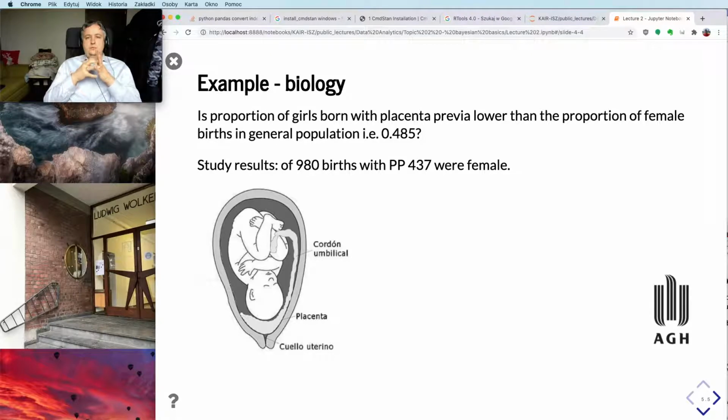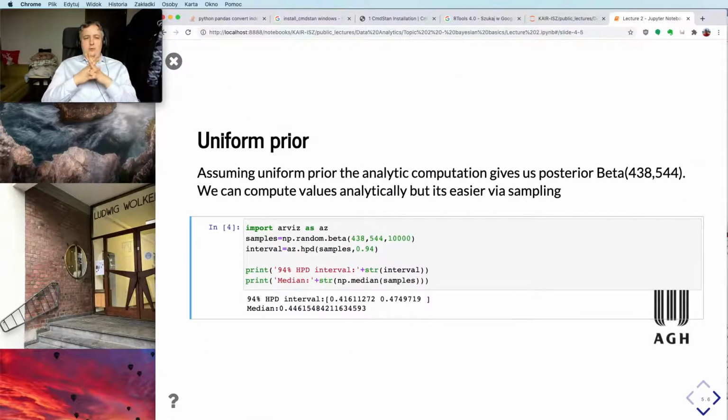So the question was, is the proportion of girls born with placenta previa lower than the proportion of girls born generally? So they made a trial with 980 births of placenta previa, 437 of which were female. We'll do some computation here, which hopefully will work, because I haven't updated Arviz here, and it started doing strange stuff.